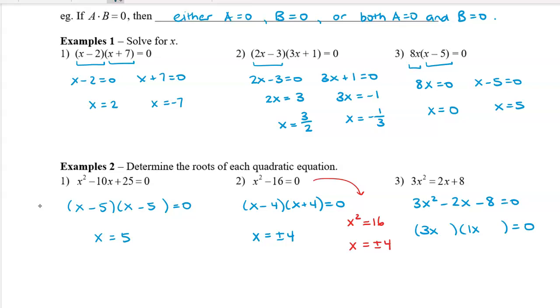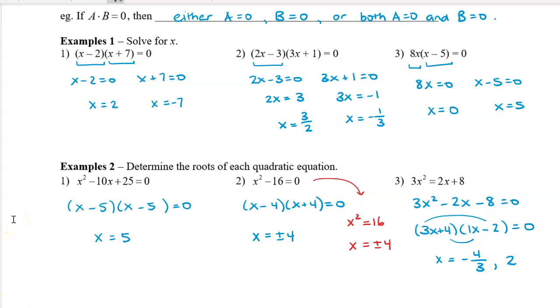I'm going to pick 4 and 2. I can see that this will give me 6, and this will give me 4. Because I want -2, the bigger of these two numbers has to be negative. So we want -6, and then +4 will give me -2x. So my two solutions are -4/3 and 2.